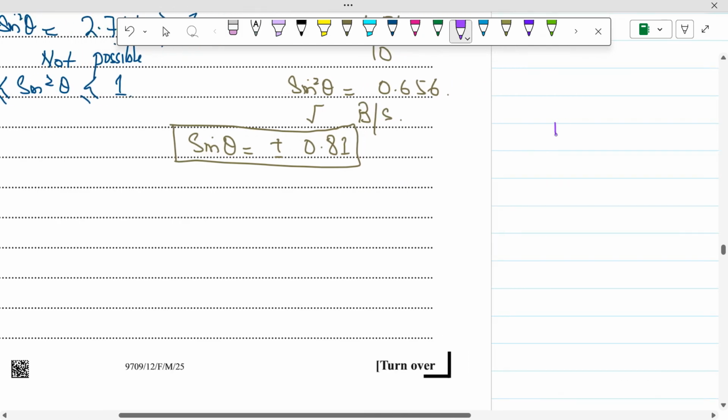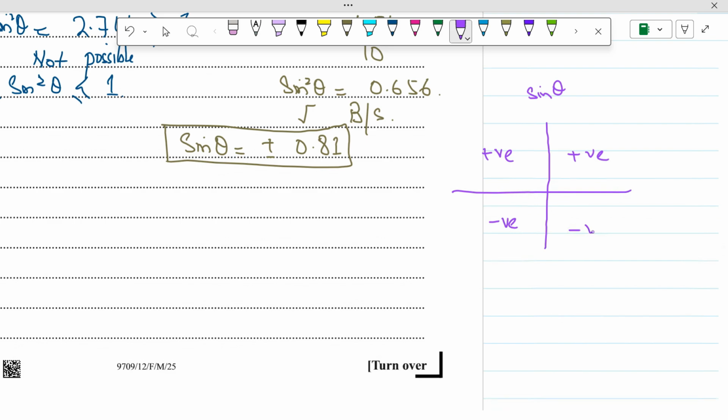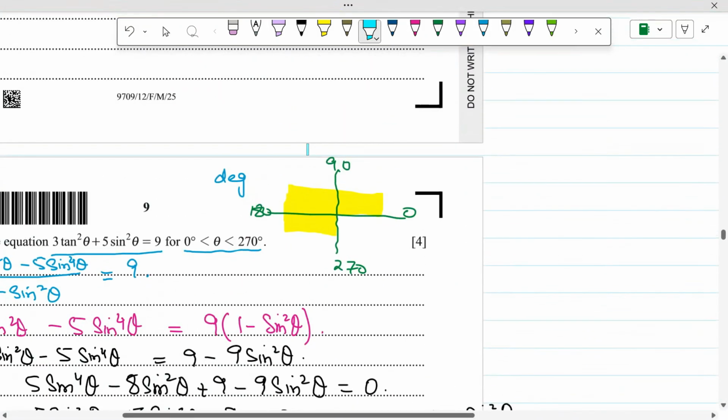Okay, one concept you should know is that sine of theta is positive in the first and second quadrant and negative in the third and fourth quadrant. We need to find the values of theta in the first, second and third quadrant.